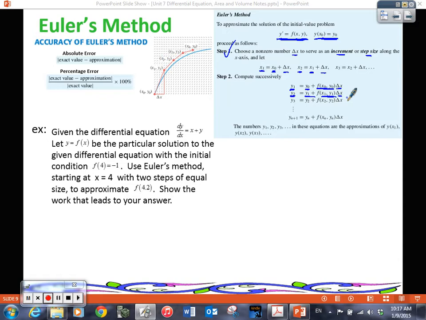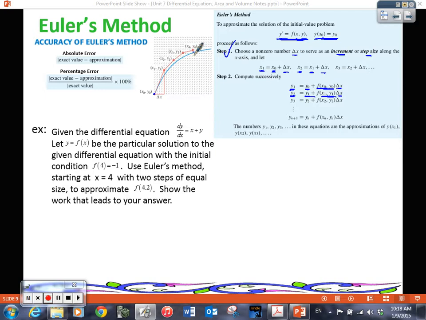Let's look at over here what it looks like visually. So here's my original x naught, y naught value, and here is my increment. It's overlaid on a slope field, just for demonstration purposes. The visual approximation of the slope field would be this blue line. These are showing this Euler technique.